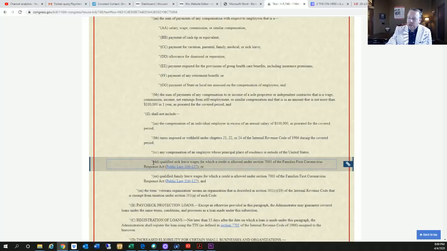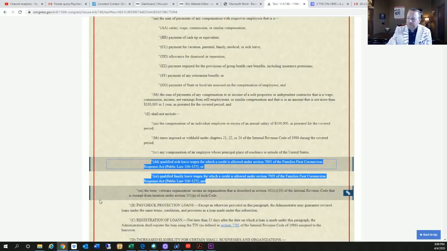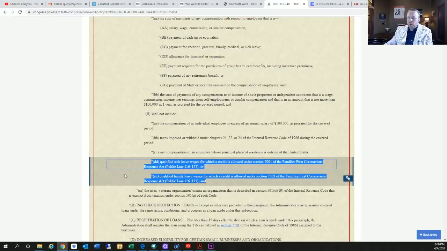And here's why I know what I'm talking about, because look at what it's talking about down here. Right there, it's those tax credits, what I just highlighted there. Those are those tax credits I was just telling you about. It's saying, listen, it's not going to include tax credits. You didn't pay it in, you don't get to count it as a payroll cost.